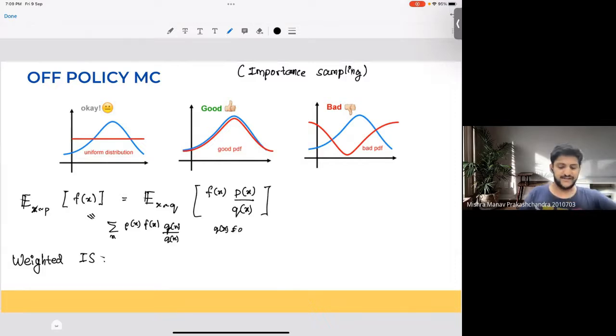If I do that, I reach this step over here. That means now I'm sampling x from the distribution q, but instead of estimating the quantity f of x, now I'm estimating the quantity f of x times p of x by q of x. This new term over here is known as the importance sampling factor.